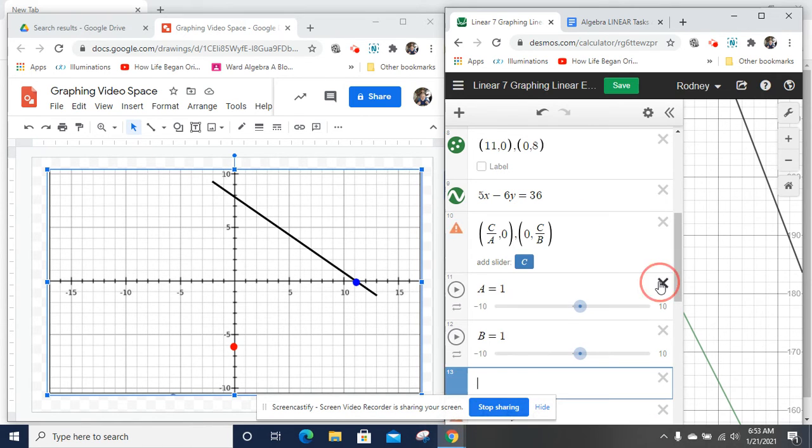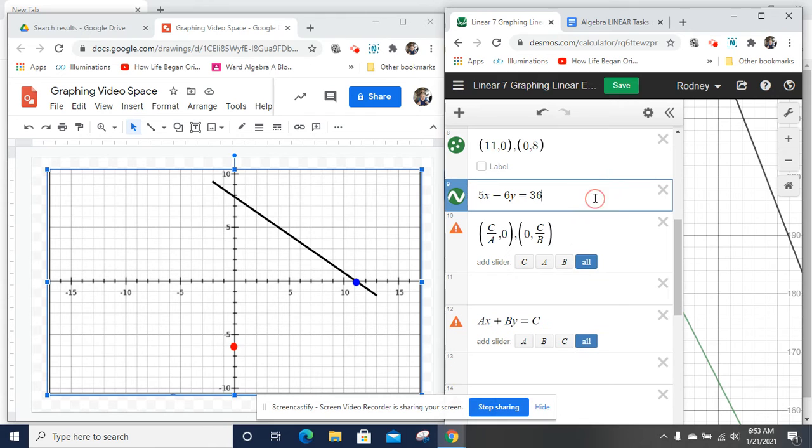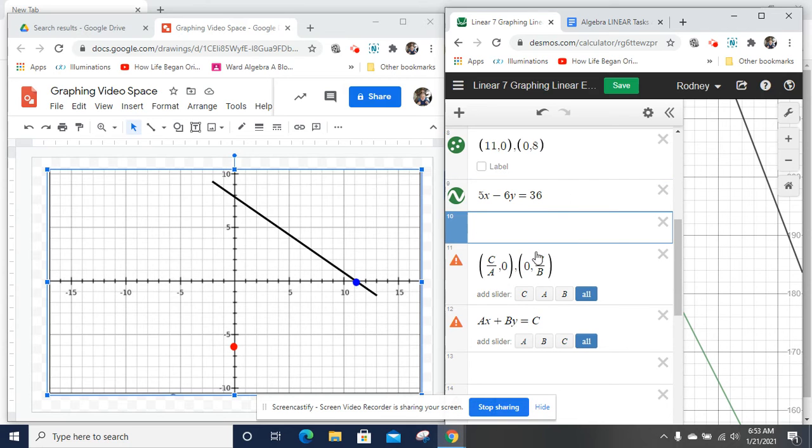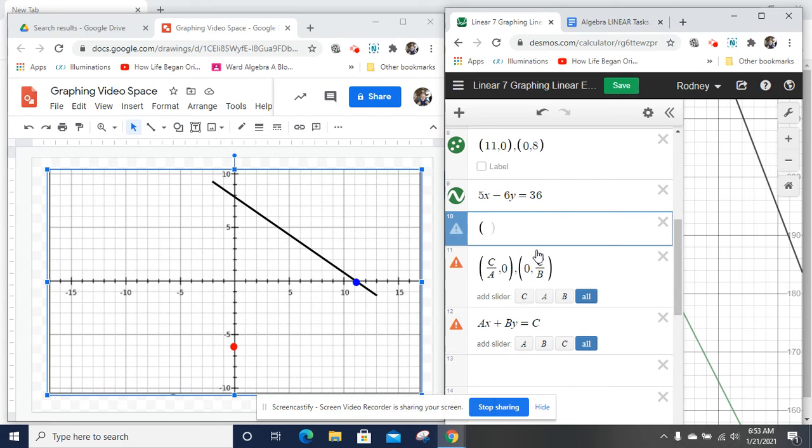Sorry about that. I'm going to have to do it above it, or else it's going to demand sliders. So I go here. Change of y is going to be 0 minus c over b.